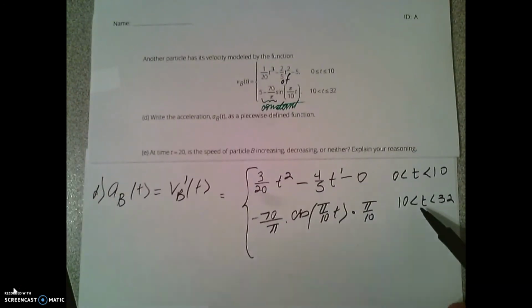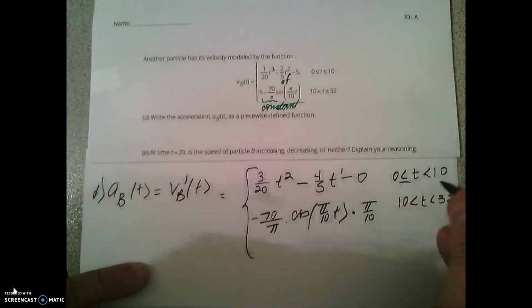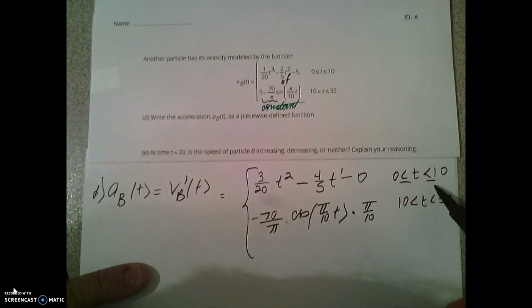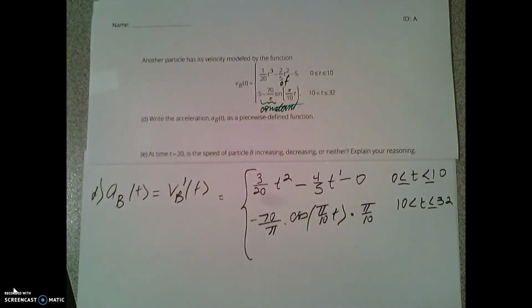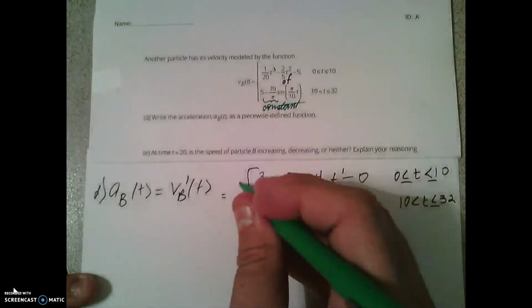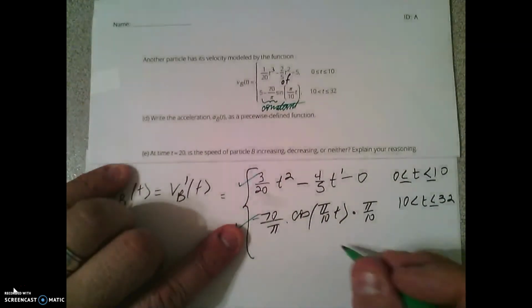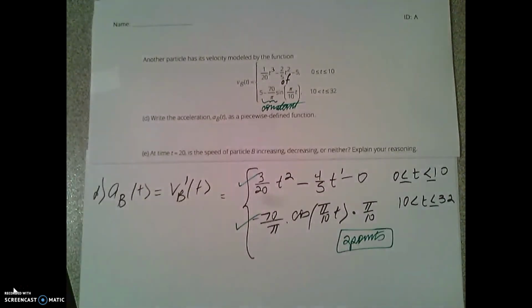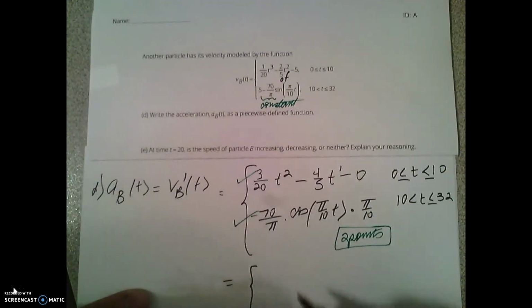I've also seen in the scoring rubric that if you just copied down the original time intervals, 0 less than or equal to t less than or equal to 10 and 10 less than t less than or equal to 32, that would also be acceptable. We awarded 1 point for the first piece and a second point for the second piece, for a grand total of 2 points.